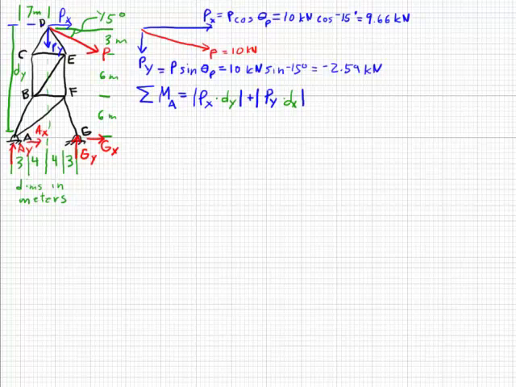So we now have 1, 2, 3, 4, 5, 6 forces in this system. So AY, AX, GY, GX.